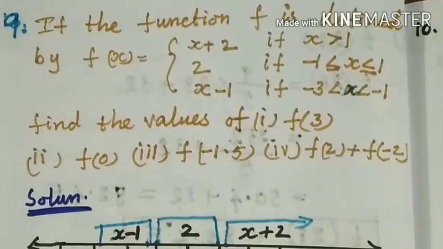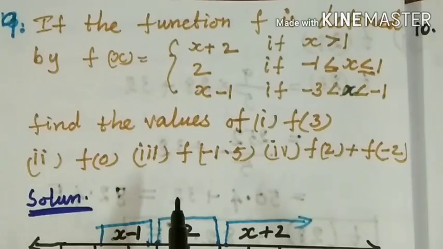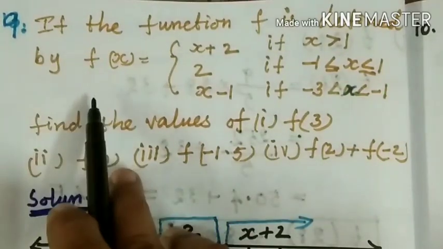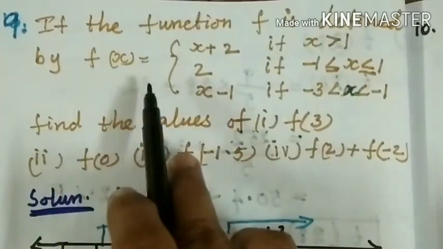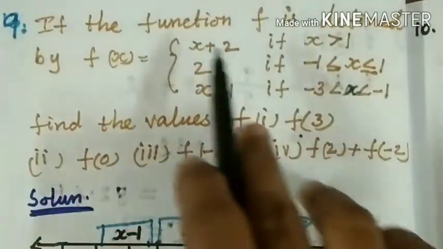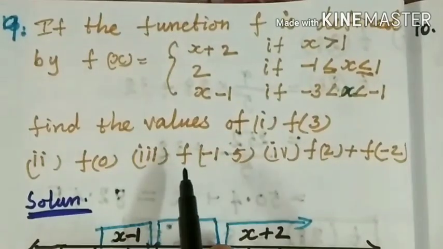Okay students, now let us see the homework which was given in the previous classes. See question number 9. If the function f is defined by f of x is x plus 2 or x minus 2, find the values of the given subdivisions. See the solution.